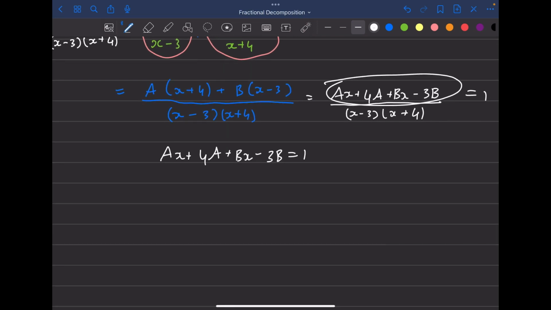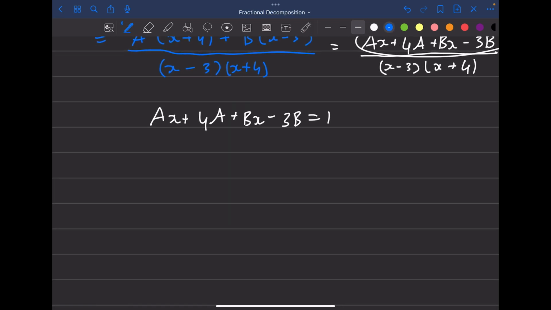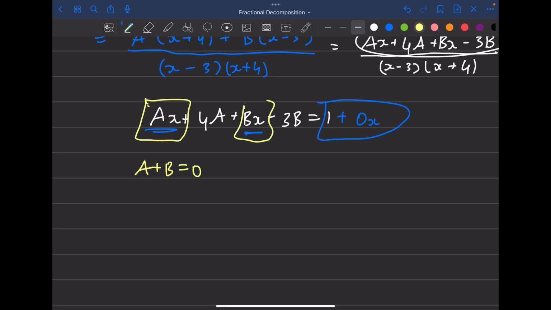From there, this is the easy step so far. First off, we know that the equation has 1 plus 0x on this side. What that tells us is that all these x terms have to cancel out because we don't have any x terms in the answer. So we know that a plus b must equal 0. Once again, both of these terms, the ax and the bx, must give us 0x.